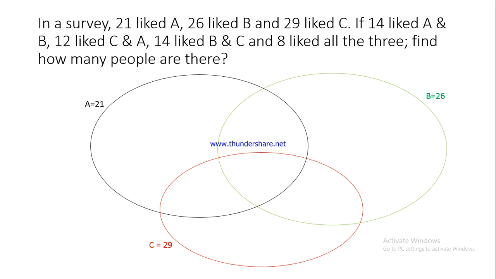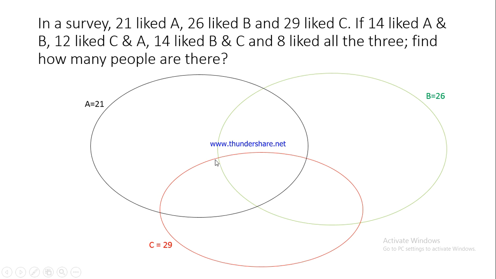Now can you tell me this area, what does this area show? Now how do you find out what this area shows? You simply have to find out in which all circles does this particular area lie. Now have a look here. This area lies in the circle A also.